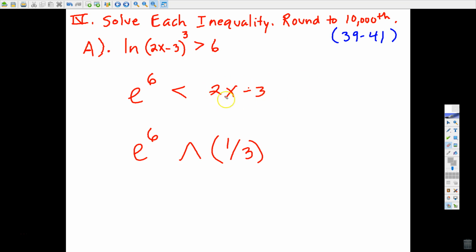And so really, we just have 2 operations left to undo. We just have to make sure we undo them in the right order. We need to add 3 to that number in our calculator. And then we'll divide that number by 2. Because our goal is to obviously solve for x. Okay, so what do we got?